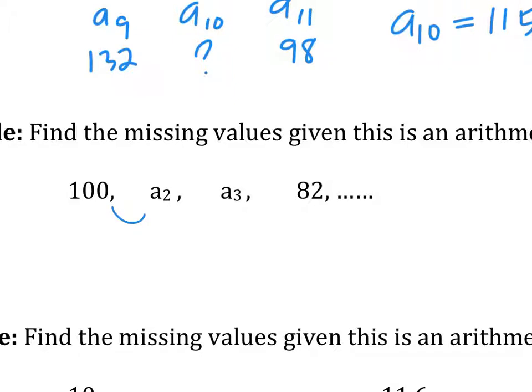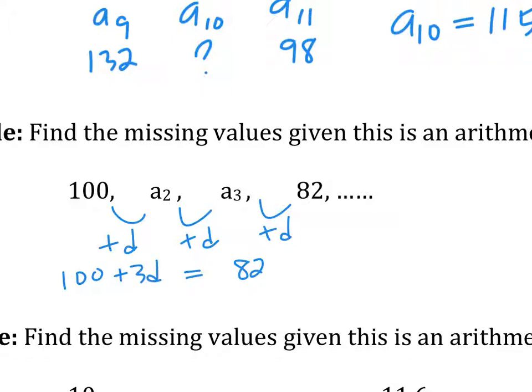Well, we know to get to the next number, because this is an arithmetic sequence, we add D, add D, add D. So the question is, to get from 100 to 82, how many D's did I add? 3. So I can go back and calculate what D is in order for me to find the missing numbers. Good? Okay, go ahead and try that.